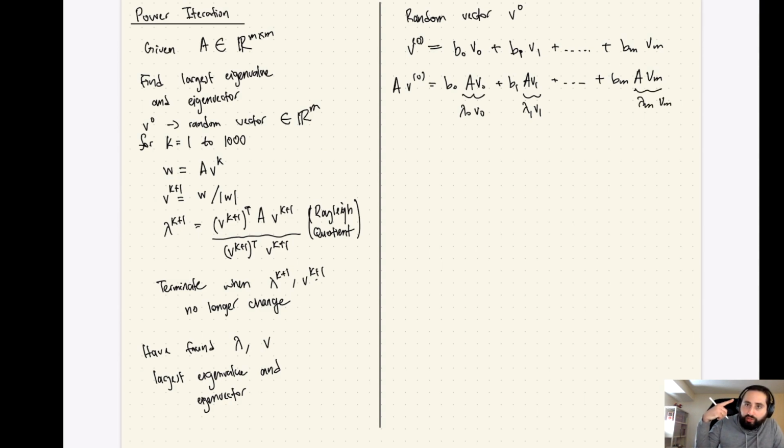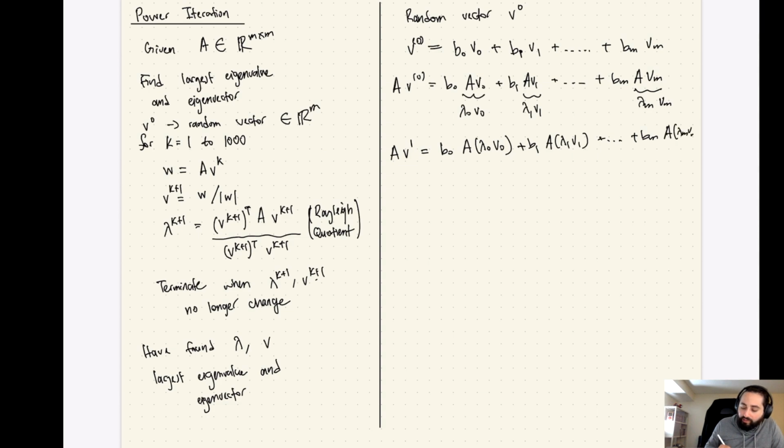So now let's go to the next iteration and see what happens. Let's say I'm now doing this the second time. Now I have this B0, we're never going to touch it, but I'm going to take A times lambda 0 V0 plus B1, and I have A now multiplying lambda 1 V1 plus, it goes all the way down.